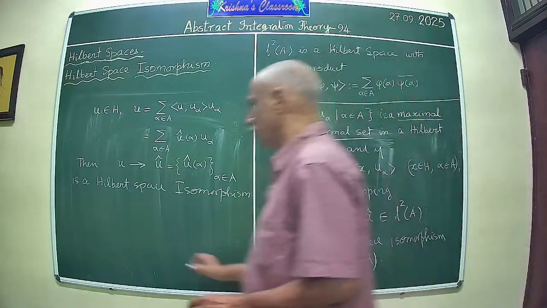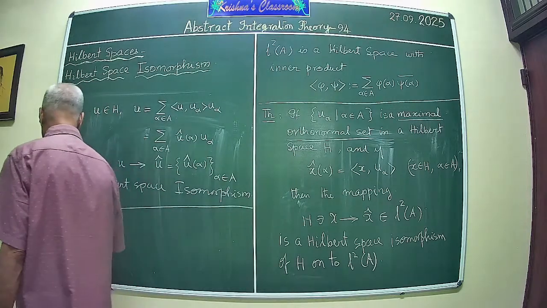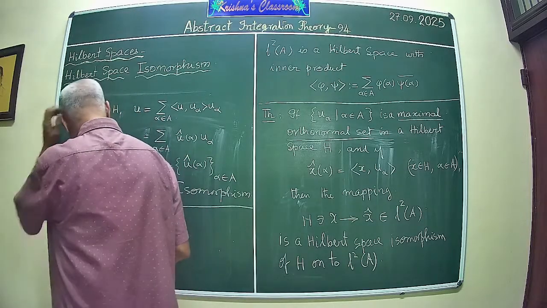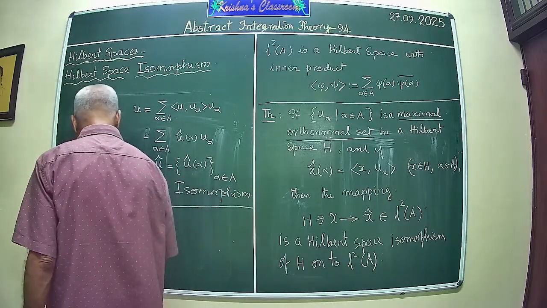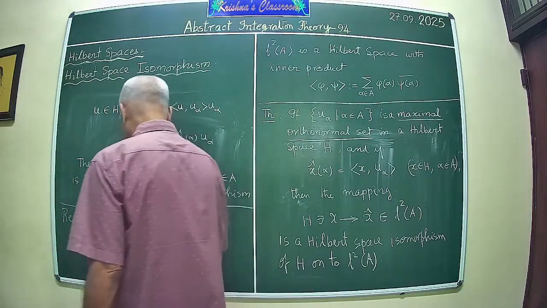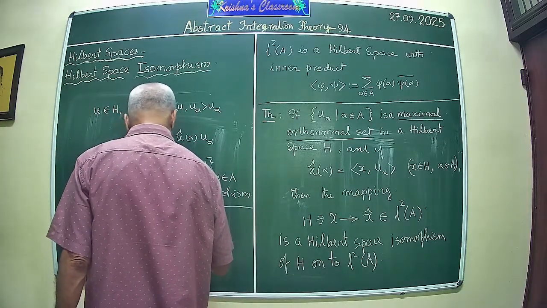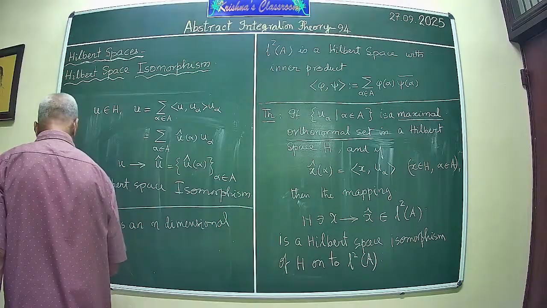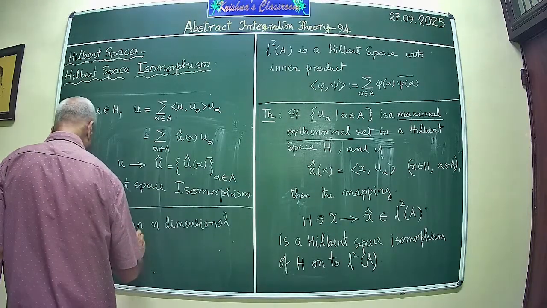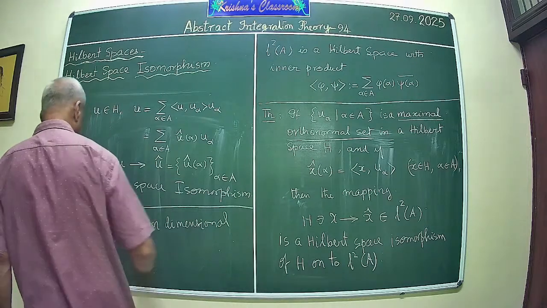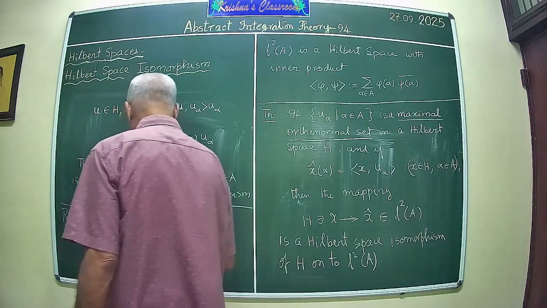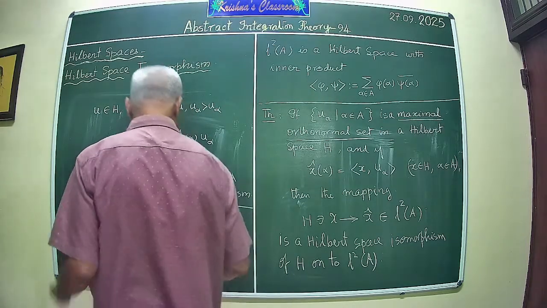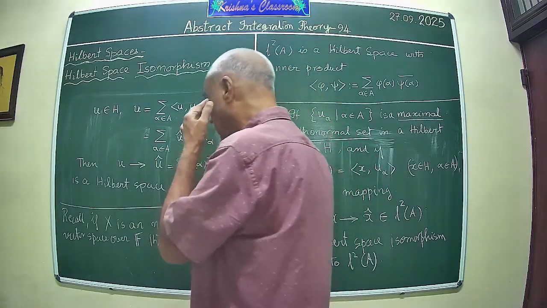So you recall, over a field F, X is isomorphic to a copy of Fn, and this isomorphism is not unique.